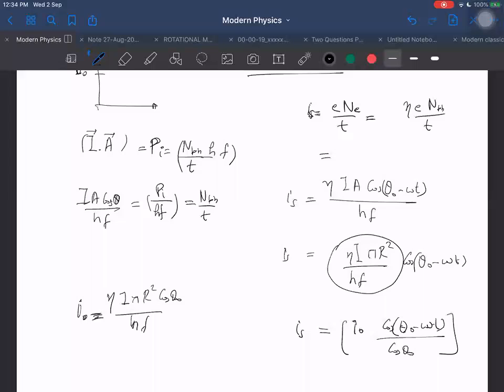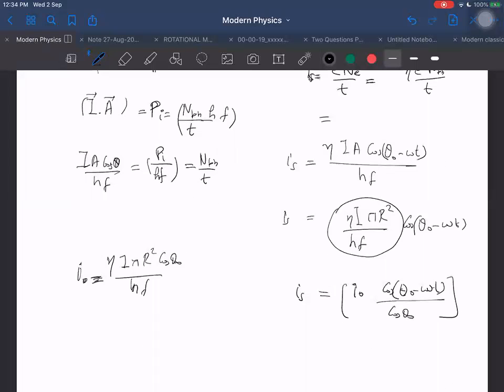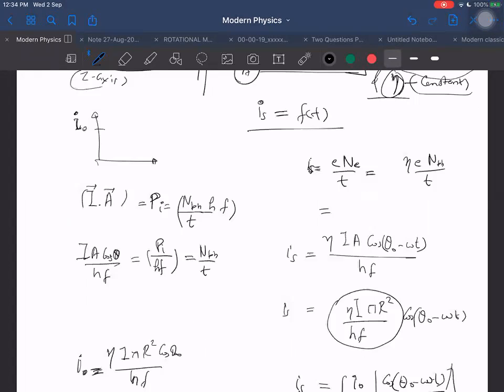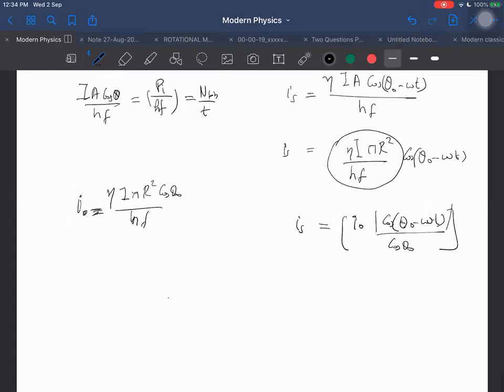It is valid only magnitude wise because photocurrent will not become negative. Even if it is reversed and starts rotating from the other side, it will be the same. Assume the contact is made in such a way that it is allowed to freely rotate. We can make such contacts. This will be the relation.